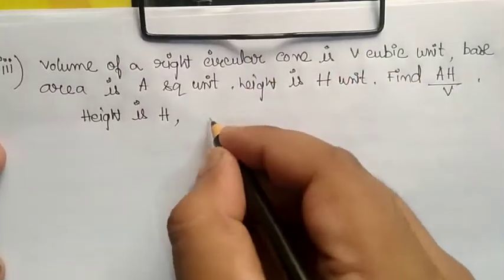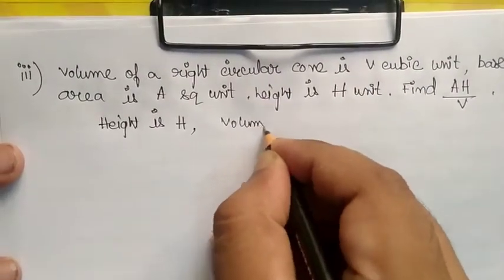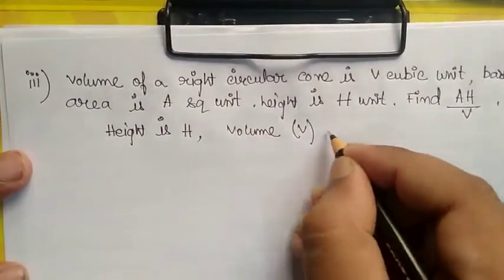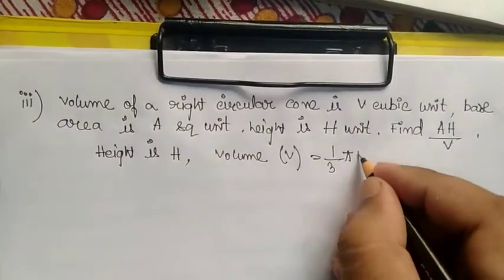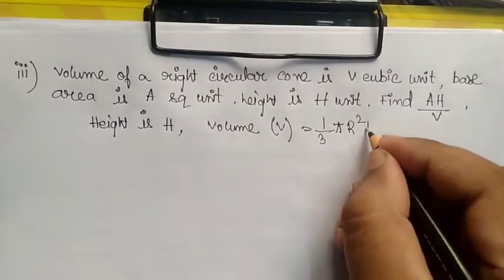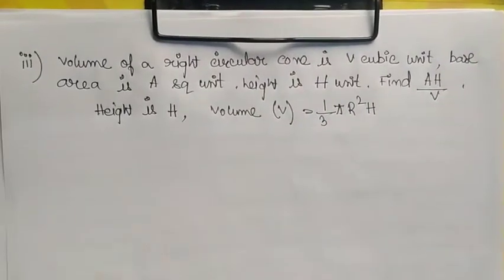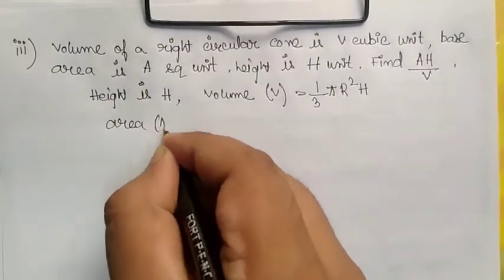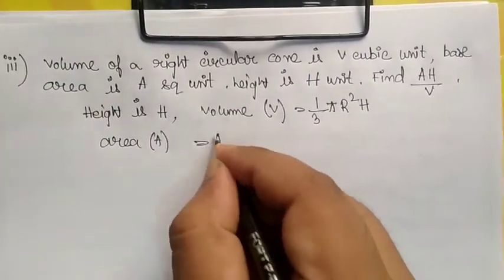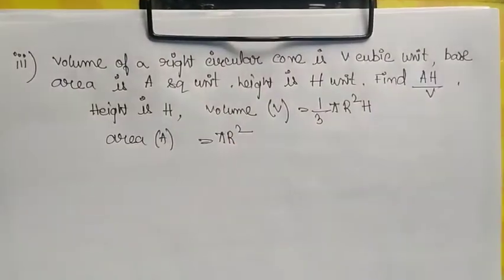Volume is V, so volume equals V equal to 1 by 3 pi r square h, and area is A. A means pi r square.